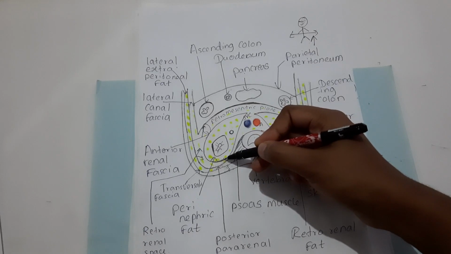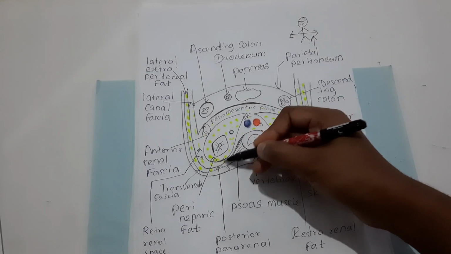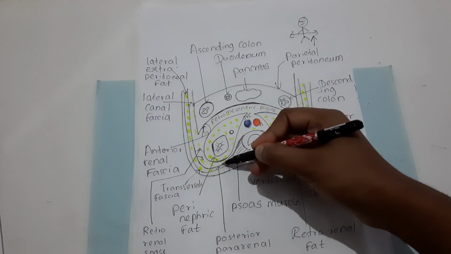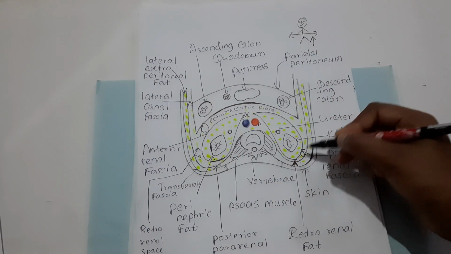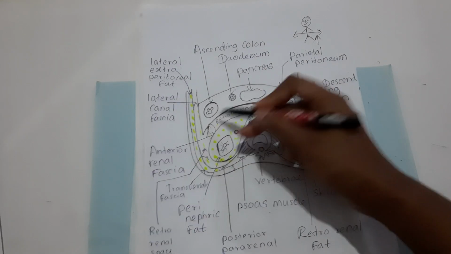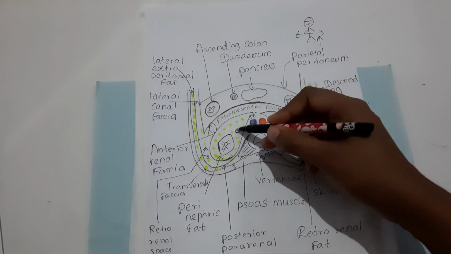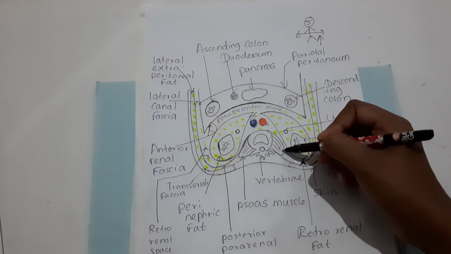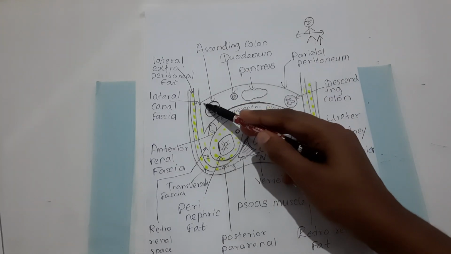Posterior to the kidney, these are the posterior renal fascia, both fascias. Anterior to the kidney, anterior renal fascia. This is the ureter cross section, and here this is the psoas major muscle.